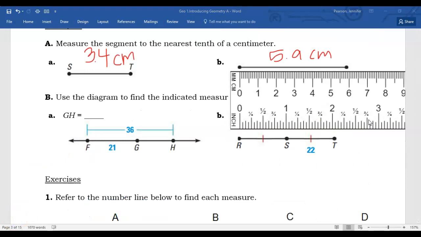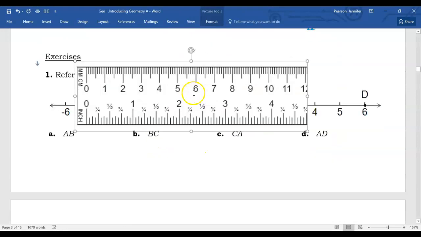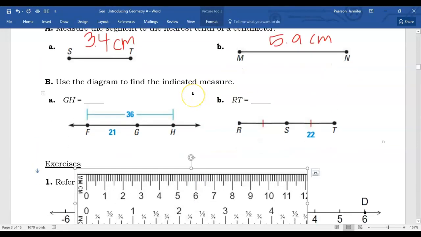Okay, so keep going on for example B, it says use the diagram to find the indicated measure, and we're going to use some numbers now, some addition and subtraction to figure out these measurements rather than a ruler. So this figure is telling me that starting at point F and going all the way to point H is exactly 36 units.